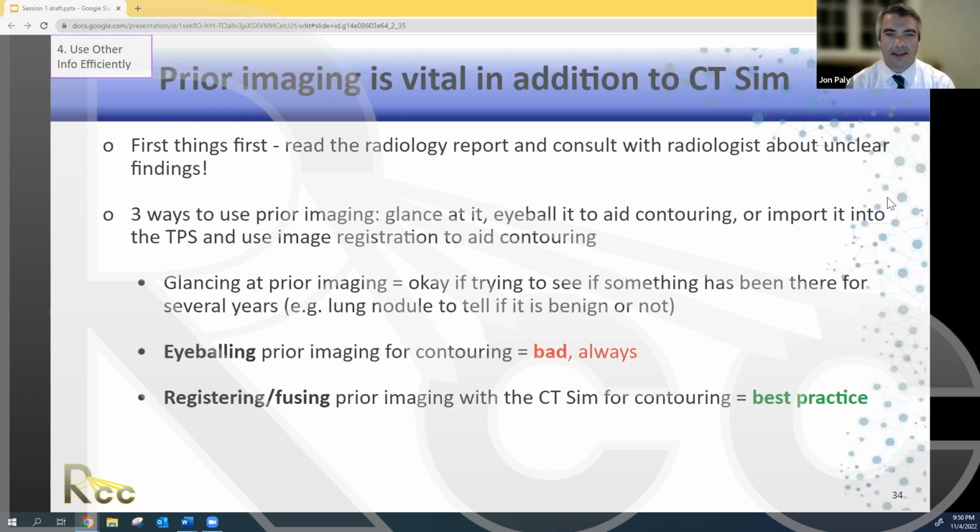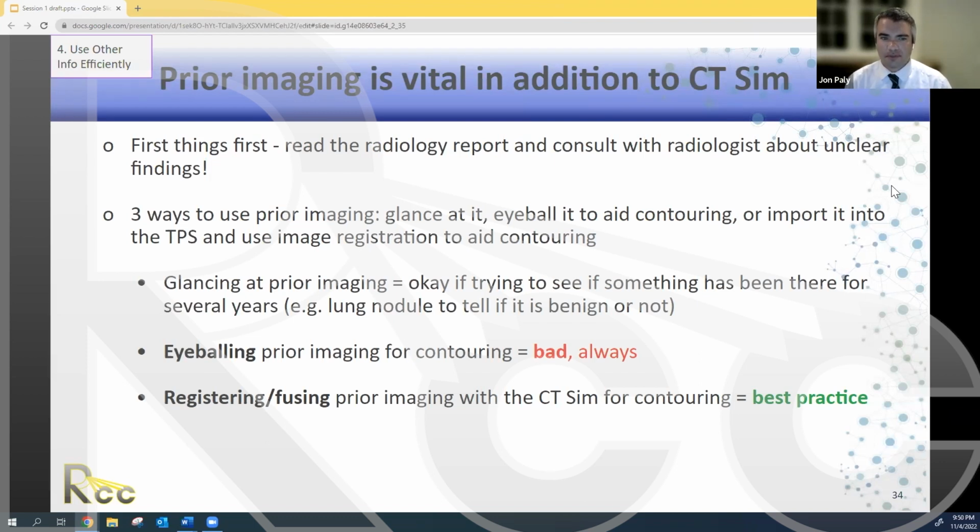Sometimes skimming the impression or the summary of the radiology report is all that's done, but there's often a lot, like with the pathology report, of very important information buried in the report of the main study. And there are really three ways to use this prior imaging. You can glance at it, you can pull it up next to your treatment planning software to aid in contouring and look back and forth, or you can import it into the treatment planning software to use image registration and create a fusion.